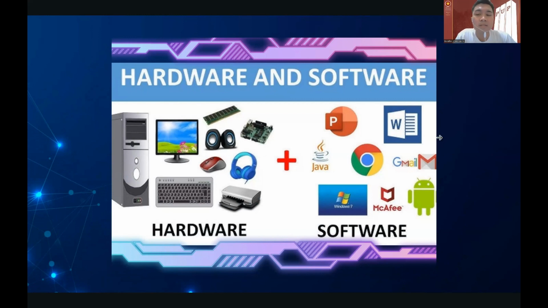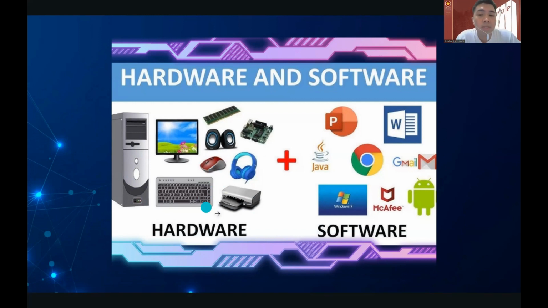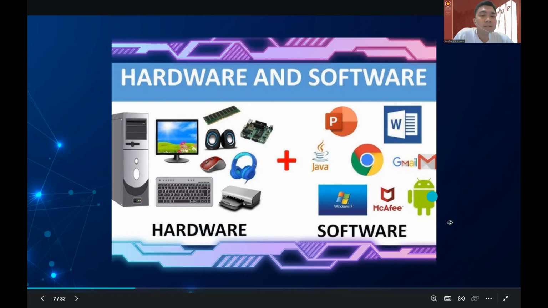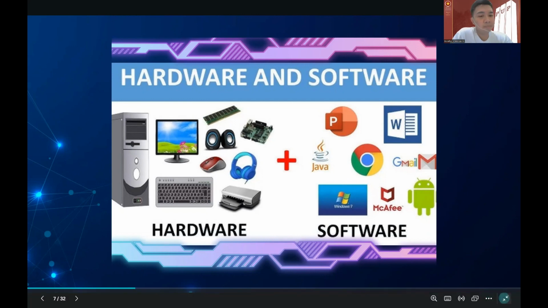Like what you see on my presentation, the hardware are system unit, monitor, keyboard, printers, headset, speaker, mouse, etc. And the software are Chrome, Gmail, Word, PowerPoint, Java, and other programs, and the Android system.